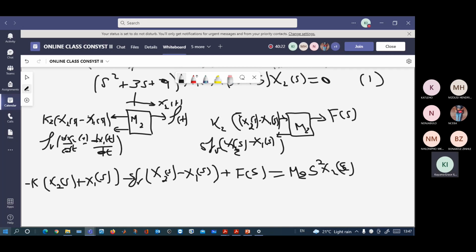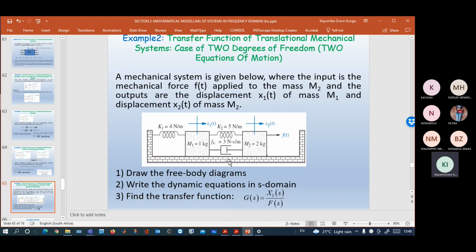Okay, so now we can put all the X1 together and the X2 together. So we have this X2, and we have also that one. So we can put them together. It's going to be the mass. Let's replace straight the value. The mass is 2, so this remains 5 and 3.